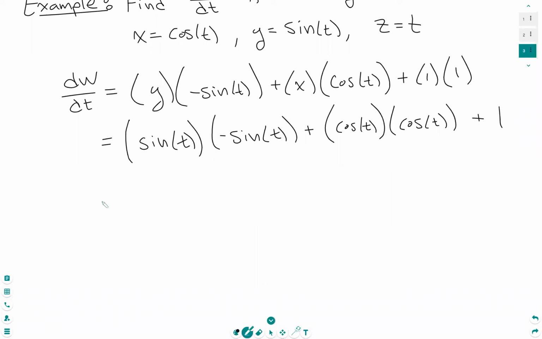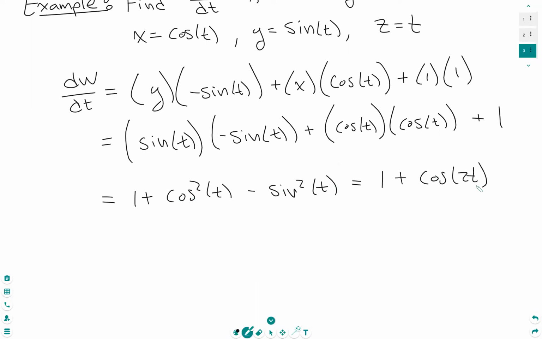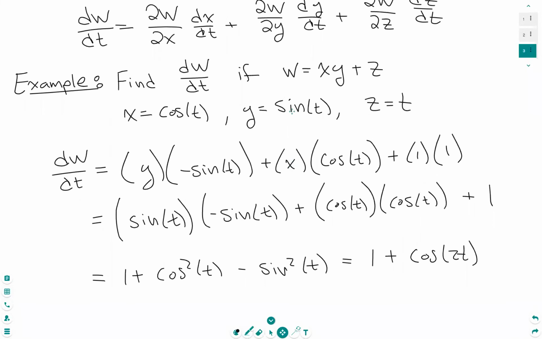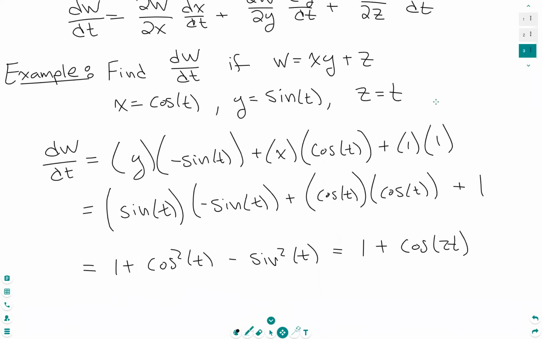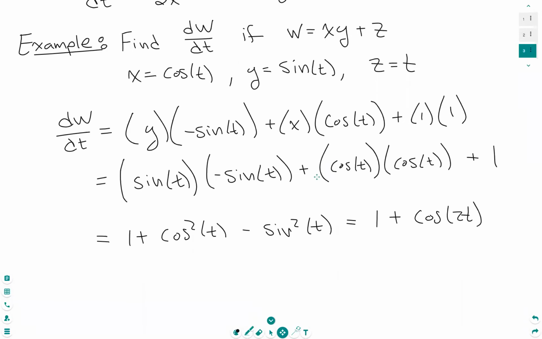Or we can write this as 1 plus cosine squared t minus sine squared t. And there we have this cosine squared minus the sine squared again. And we can write that as 1 plus cosine of 2t. So for every extra dimension that you have in your function, you add another grouping here in your chain rule. So it's just a few extra terms that you need to calculate.